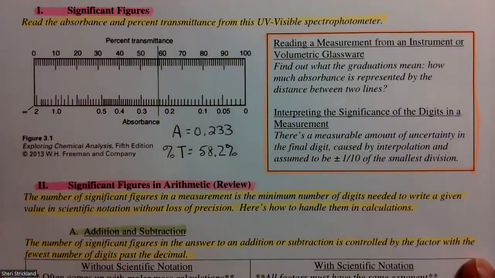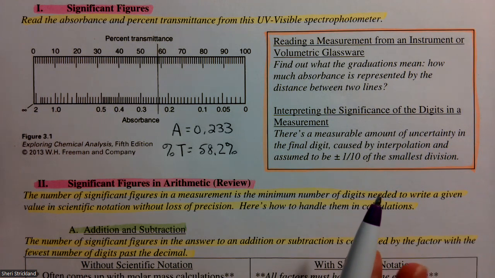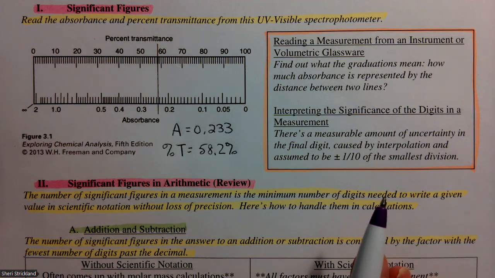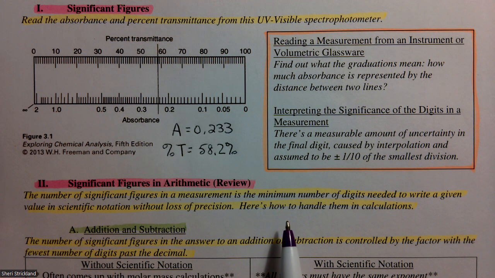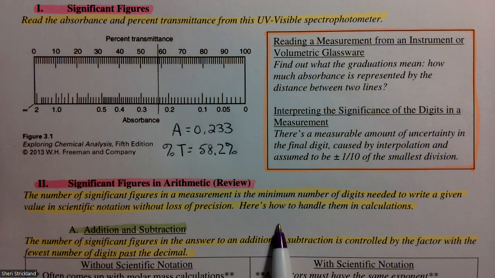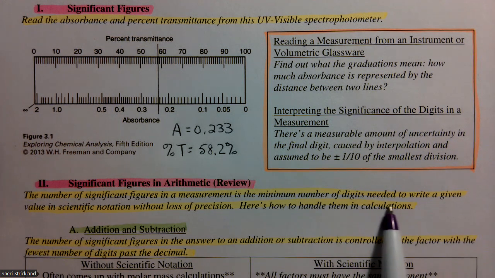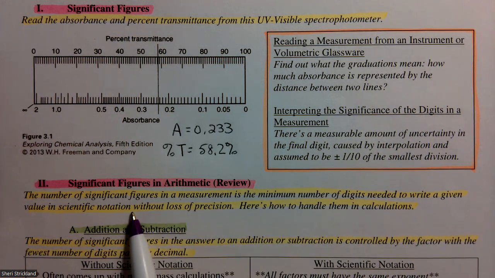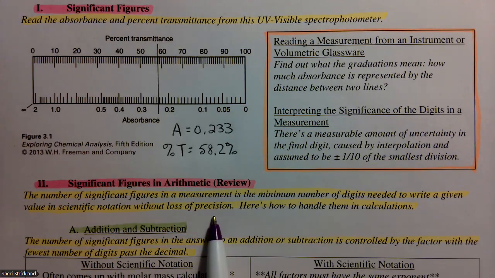All right, so once you have your measurements, you have all of the significant information, all of the significant figures that you're going to get. But very often measurements are combined to calculate other quantities, to test different variables, to look for different relationships. All right, so technically, the number of significant figures in a measurement is the minimum number of digits needed to write a given value in scientific notation without loss of precision.